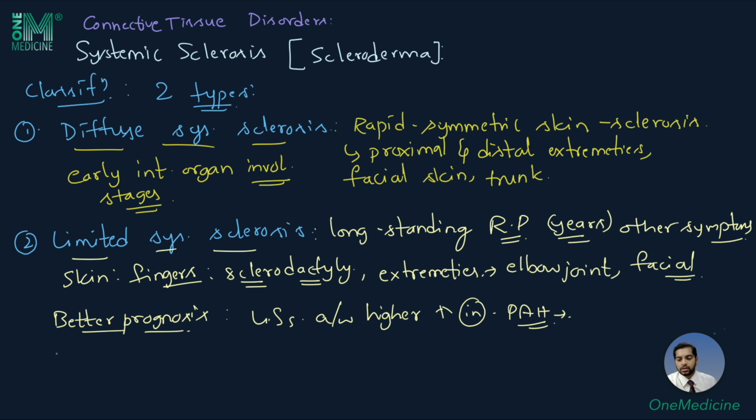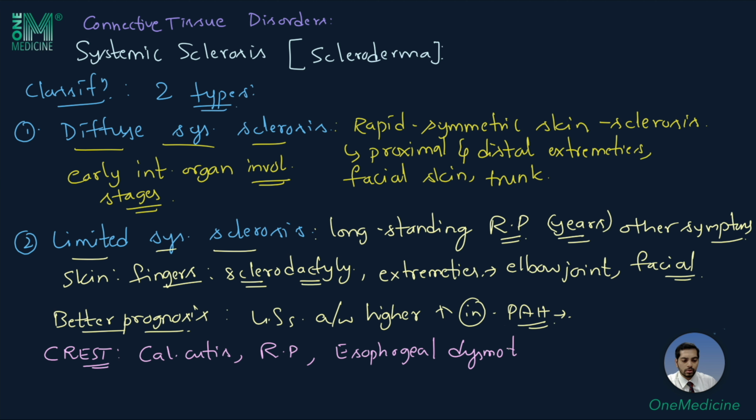There is an important subset of limited systemic sclerosis patients who belong to a particular syndrome called CREST syndrome. CREST is an acronym for calcinosis cutis, Raynaud's phenomena, esophageal dysmotility, sclerodactyly, and telangiectasias.